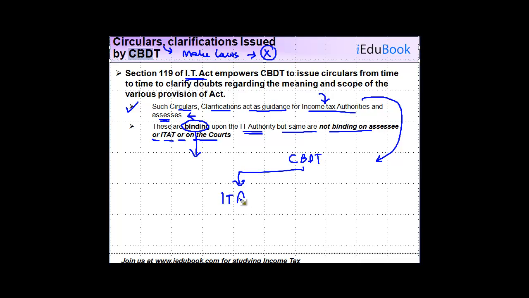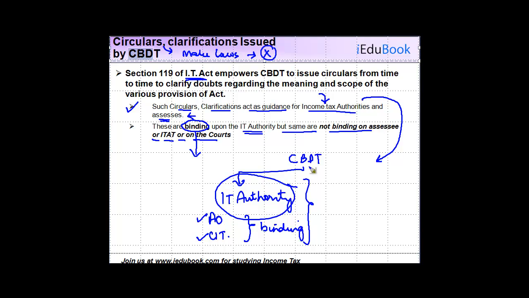Once the circular has been prescribed by CBDT, the IT authority, as defined under the Income Tax Act, which will basically cover your AO and CIT, is bound by it. So if the circular says something, the AO and CIT cannot disregard it. He has to consider it at the time of assessment.